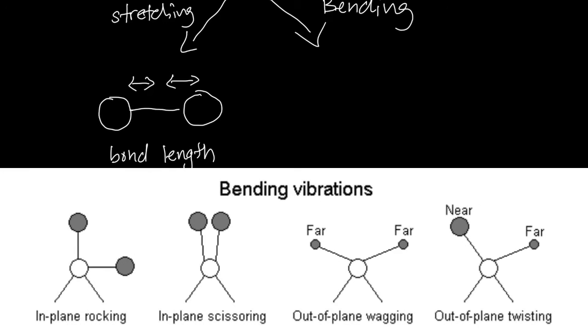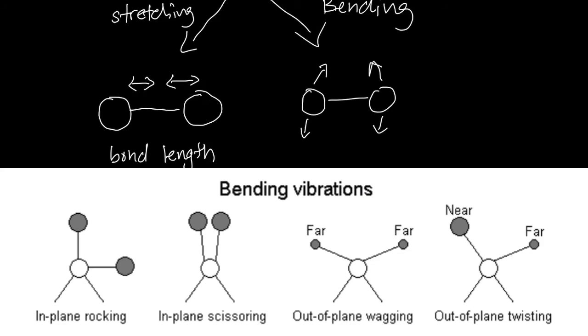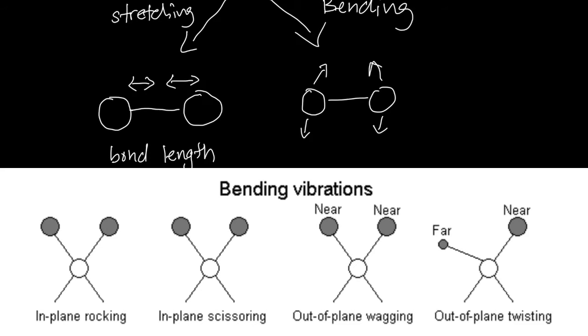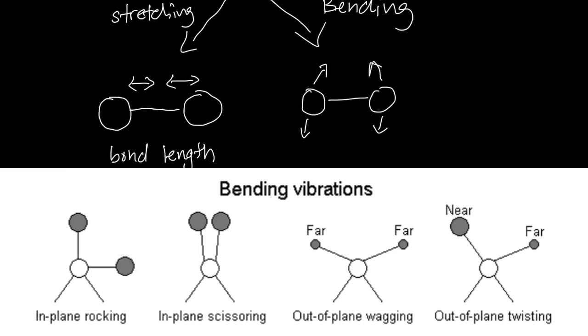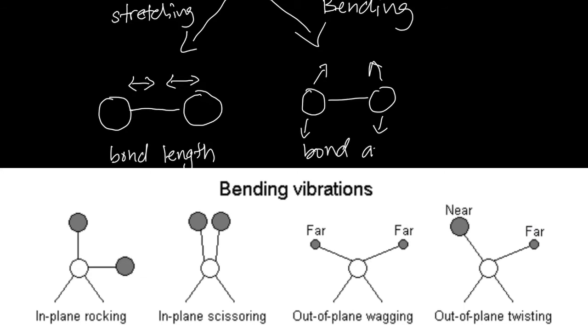For bending, when the bond is bending, it means that the atoms are moving up or down, in front or to the back. There are actually many different modes of bending, and this moving motion does not occur along the line of the bonds, and this involves change in terms of bond angle.